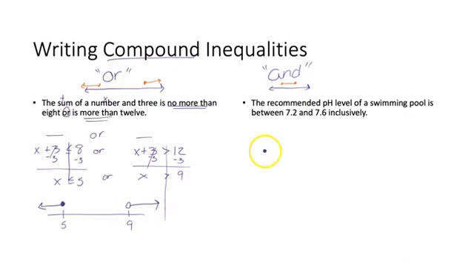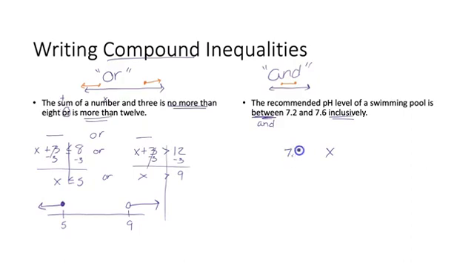It says, the recommended pH level of a swimming pool is between, there's the key word, between, that tells me it's an and, is between 7.2 and 7.6 inclusively, and that's a key word, inclusively. So I'm going to think the pH level, so I'm going to call that x, and it's in between, it's in the middle.